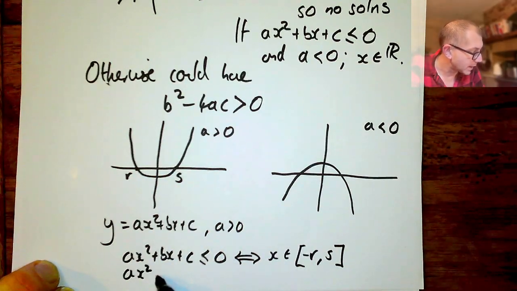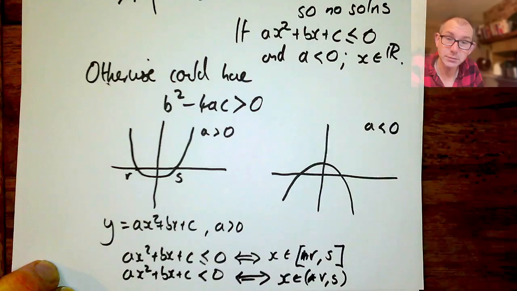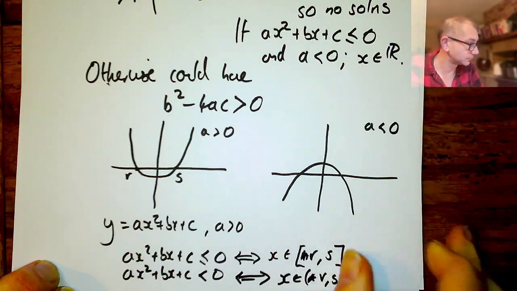If I had ax squared plus bx plus c strictly less than 0, then I would take x in my, sorry, we haven't said that r is negative here. Could be or not. And we say x is in (r, s), not including the endpoints.